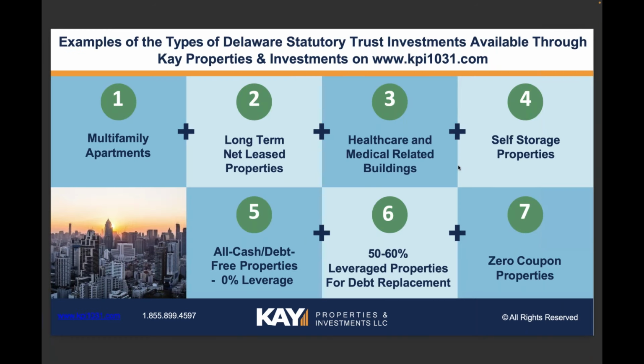So here are some examples of the types of Delaware Statutory Trust investments that are available through K Properties Investments on the KPI1031.com platform. First and foremost, multifamily apartments. We've worked with a lot of sponsors over the years doing multifamily apartment DSTs.